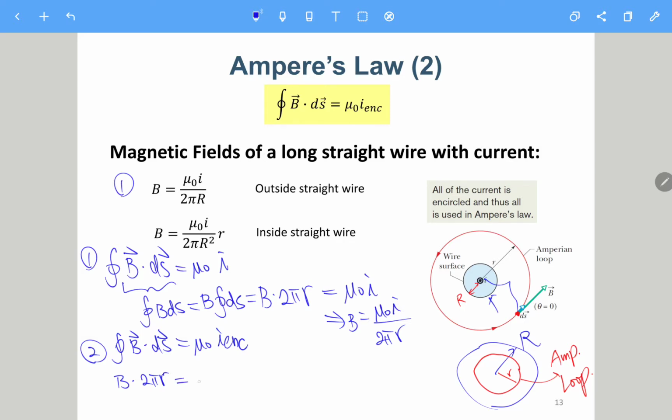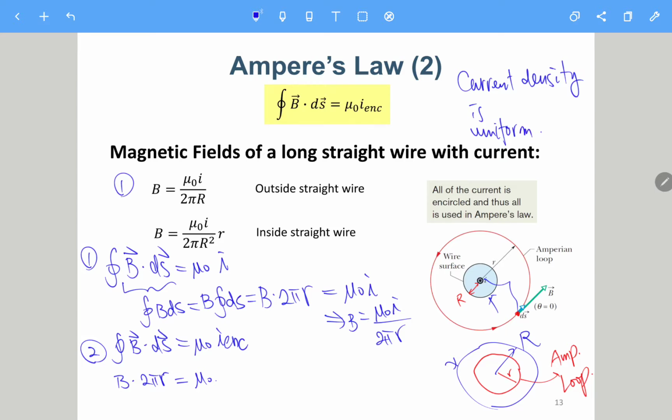For the right side, mu 0 times I enclosed, we consider the current density inside the wire to be uniform.